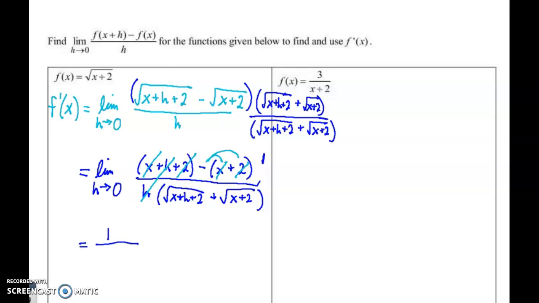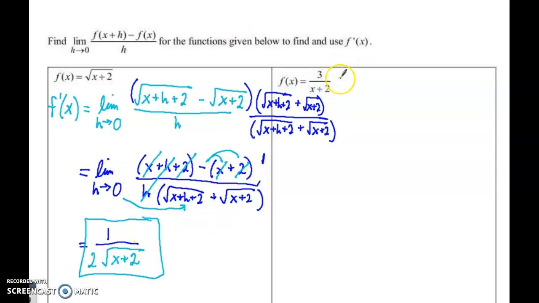Now we can plug 0 into the denominator. And for this h, well, adding 0 is not going to change anything. So we have the square root of x plus 2 plus the square root of x plus 2. Well, how many square roots of x plus 2 do we have? 2 of them. So the derivative of this function is this.